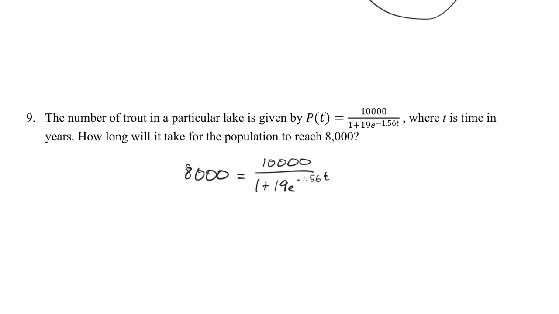So one thing we can do is multiply both sides by the common denominator. So that'll cancel it there. So on the left side we have 8,000 multiplied by this denominator.